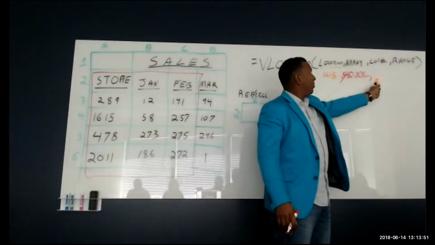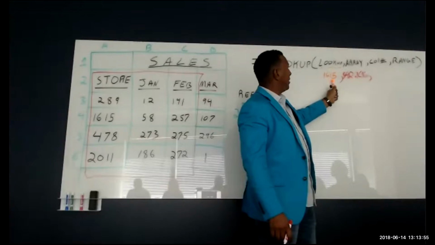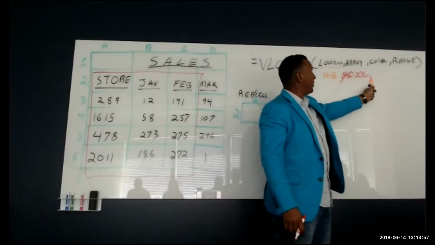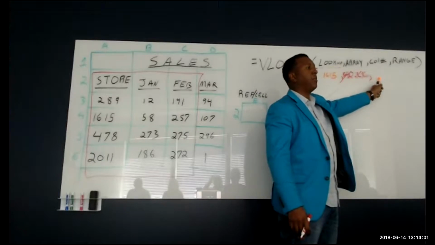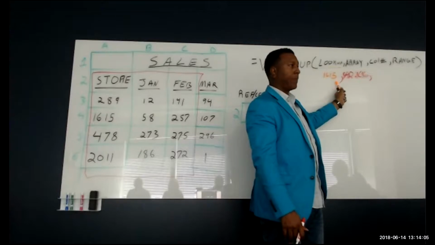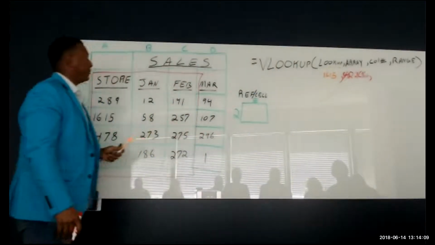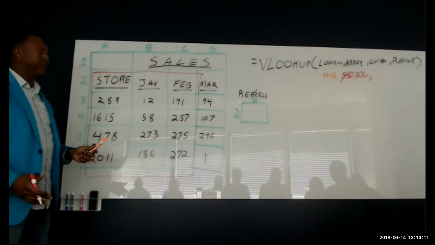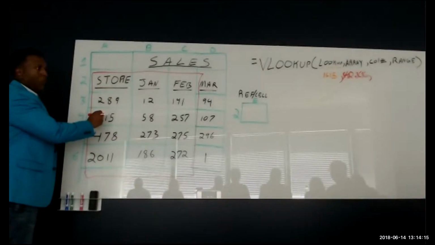Now we need to tell Excel, whenever you find 615, give me the value of the cell that's 1, 2, 3, 4, 5, however many columns to the right of 615 there is, okay? So in this example, if I wanted January sales, I would start with, here's column 1, where my 615 is.